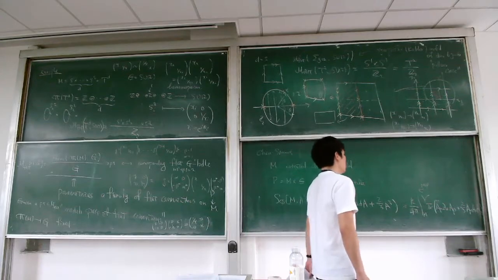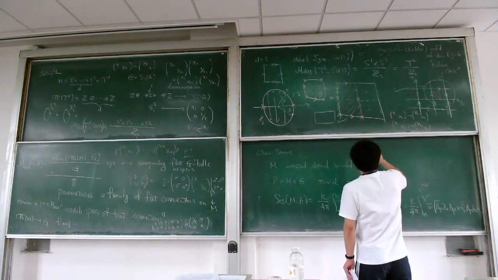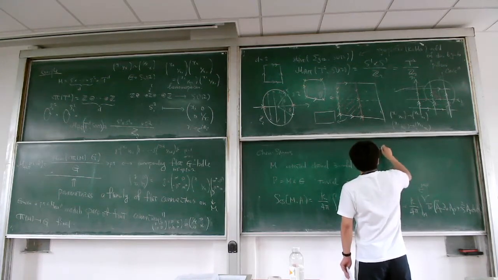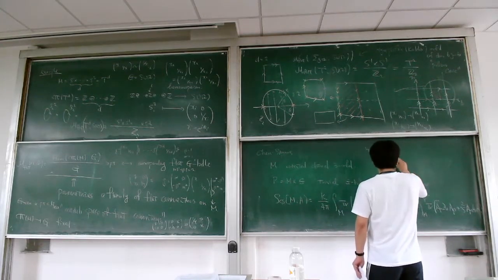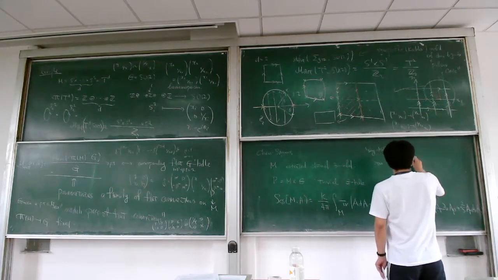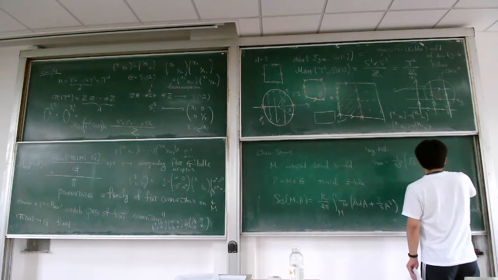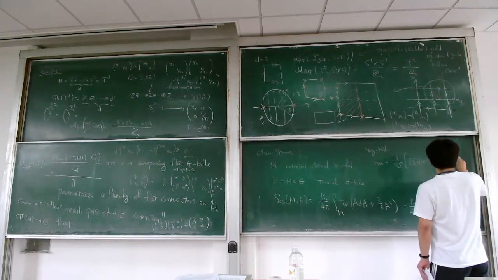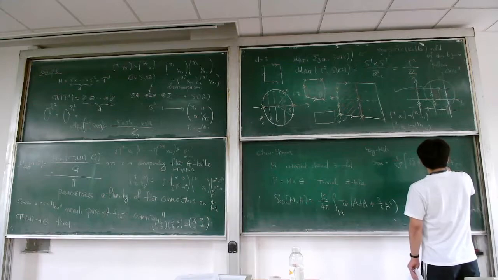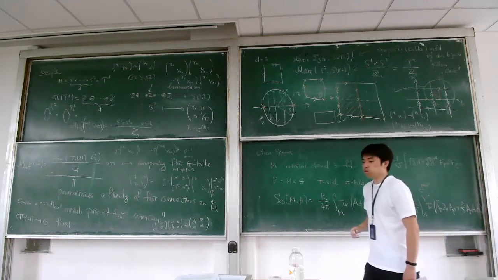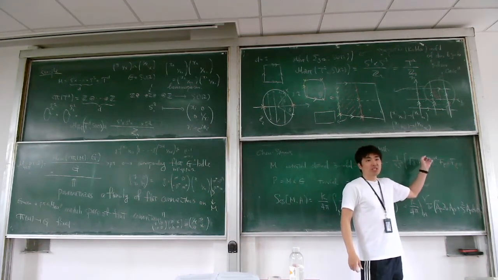You have the main difference between Chern-Simons and Yang-Mills. So Yang-Mills: this is the Yang-Mills action for a general manifold M, with metric g.